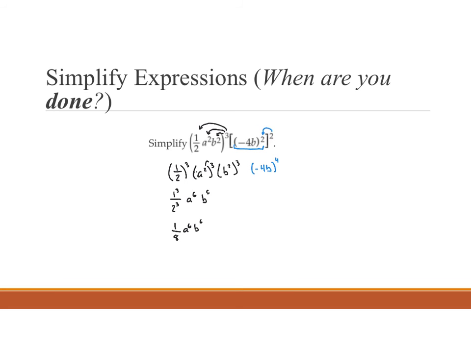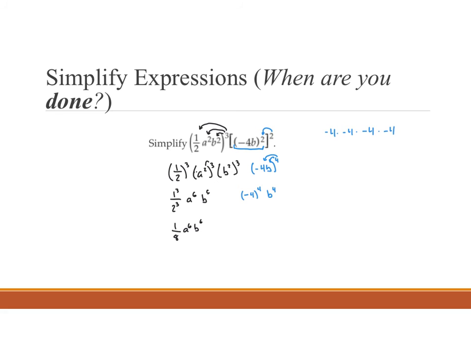Now I'm going to distribute this exponent in to each of the individual pieces, which means I have negative 4 to the 4th power, b to the 4th power. Careful here, that's a negative 4 to the 4th power. So what that is, that's negative 4 times negative 4 times negative 4 times negative 4.